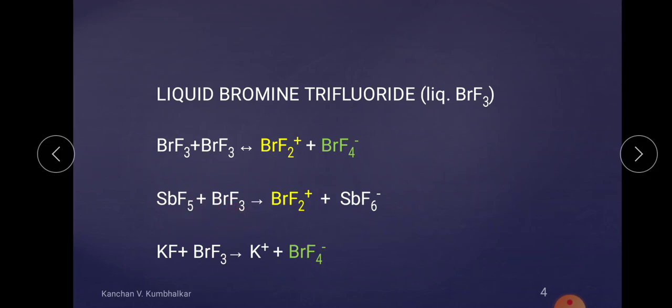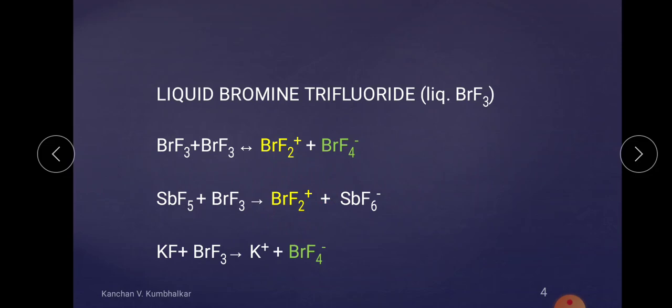So it is declared that a species which, in the presence of liquid BrF3, increases BrF2 positive acts as an acid. On the basis of this reaction, SbF5 is declared acidic in nature in the presence of BrF3, because BrF2 positive has been generated.